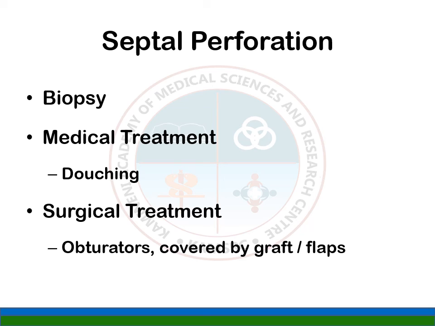What do we have? We have obturators, that is, something like a small bobbin, like a myringotomy grommet. So we have either silastic bobbins or those made of PVC. Once we use it, we cover that layer with either a graft or a flap. A graft is free without any pedicle, that is a temporalis fascia graft or a buccal mucosa graft.